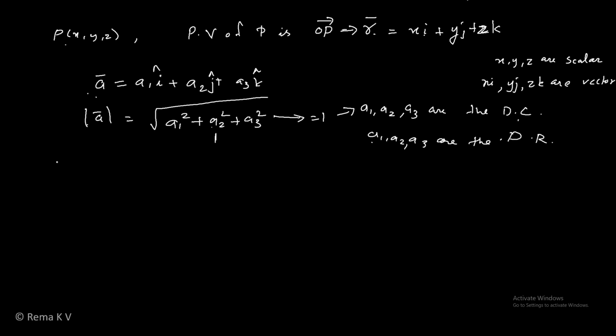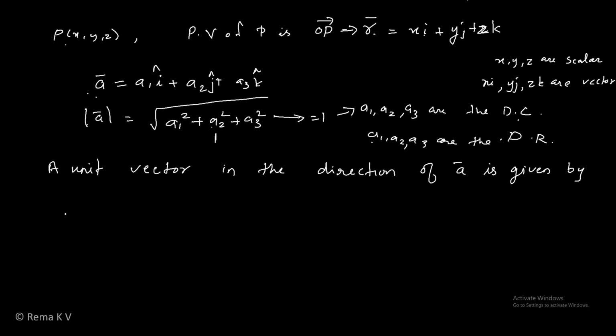Okay, now a unit vector in the direction of vector A is given by vector A by modulus of vector A. A cap is equal to vector A by modulus of vector A. Unit vector denoted by A cap can be determined by dividing the vector by its modulus.